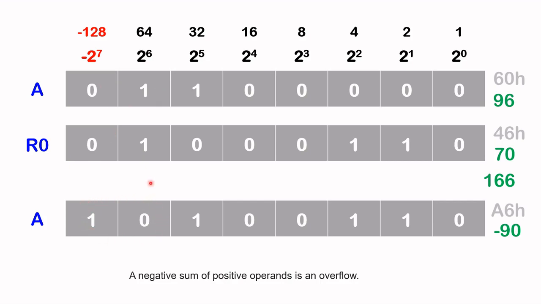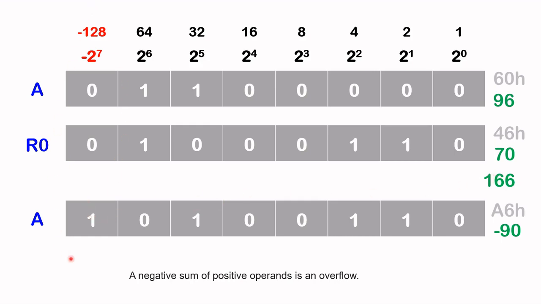Now, before I go to visit another flag, just a reminder, it's all about how you interpret these values here. In an unsigned notation, this is not an issue. You get 166.